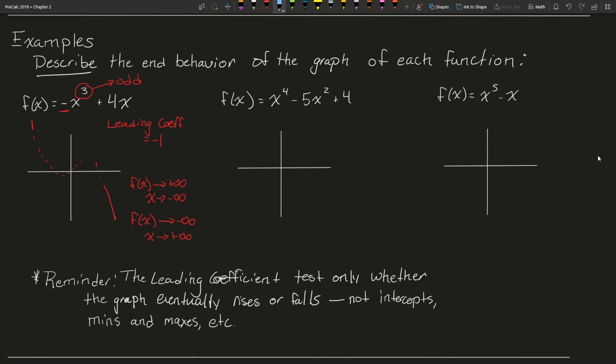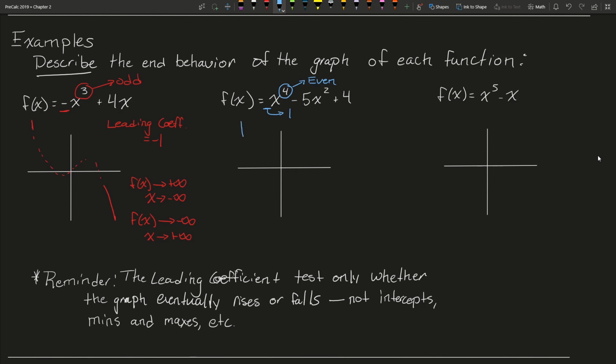In the second example, f of x is equal to x to the fourth minus 5x squared plus 4. Our highest exponent here is 4, which is our degree, which is even. Our leading coefficient, there is none, so it's assumed to be 1, which is positive. So we will have something that looks like our parent function x squared.